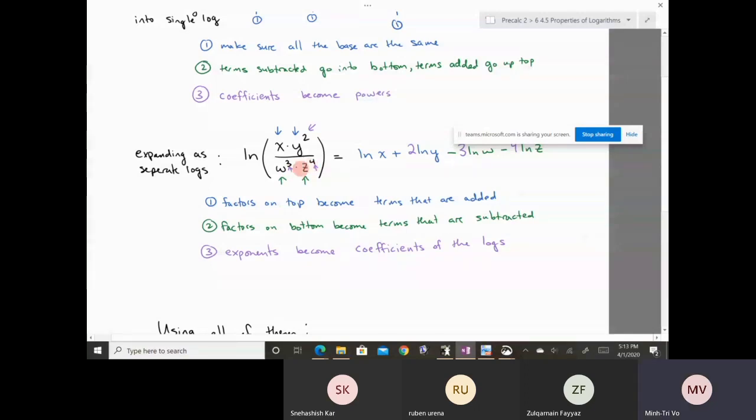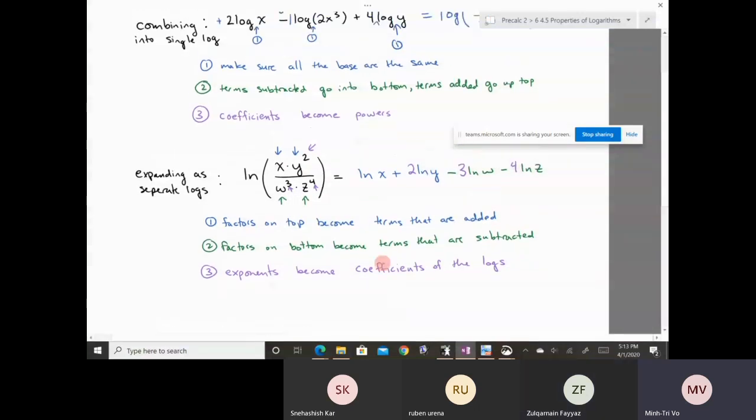Even though there's a multiplication here, when you separate them, it still turns into subtraction. The reason is because the Z is in the denominator, so ultimately it is being divided. So the X and Y are dividing the Z, and that's why it needs to be a subtraction here. Okay, so that's what you want to pay attention to.